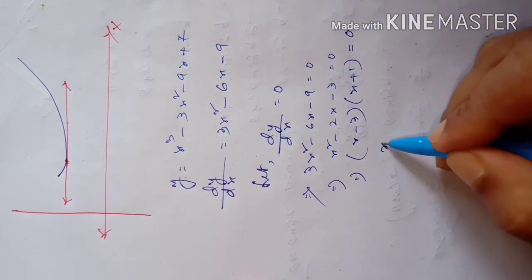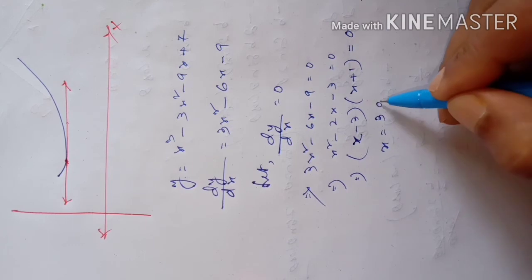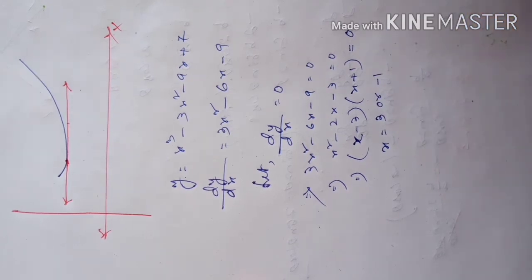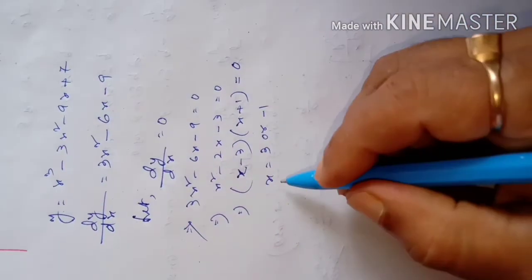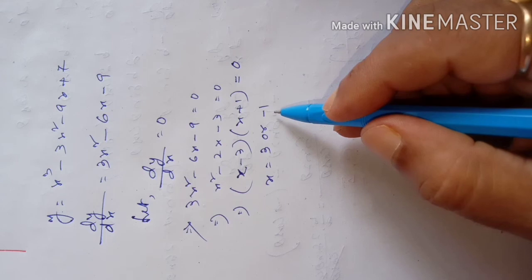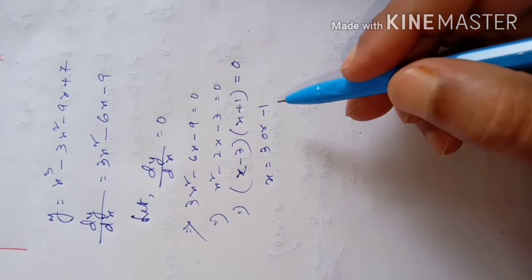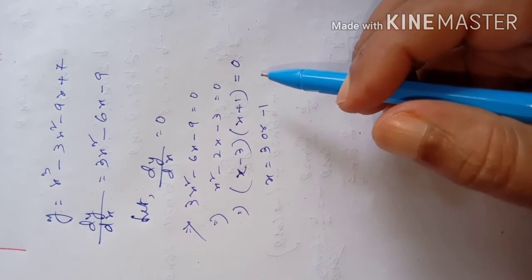That is, x is equal to 3 or minus 1. These are the points: at x equal to 3 or at x equal to minus 1, the tangent will be parallel to the x-axis.